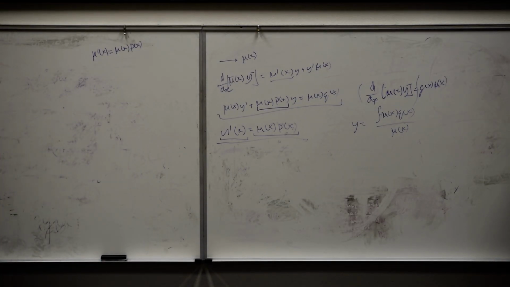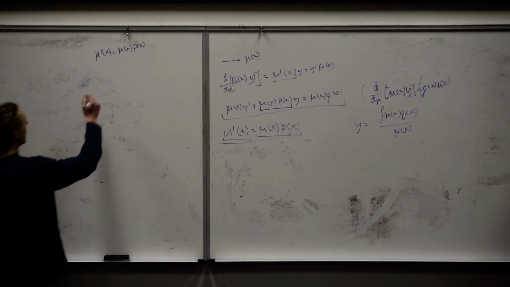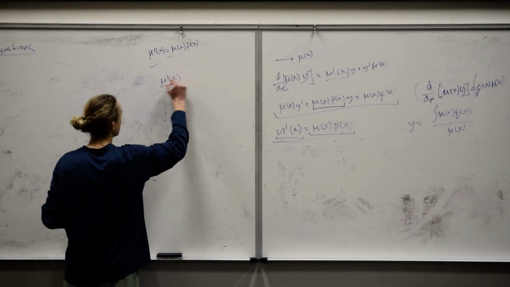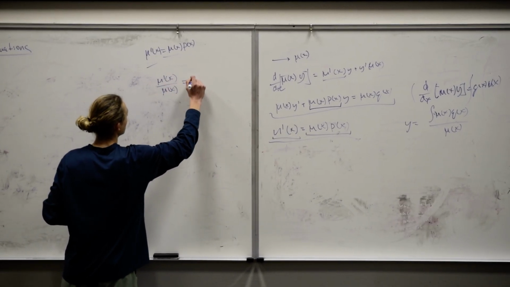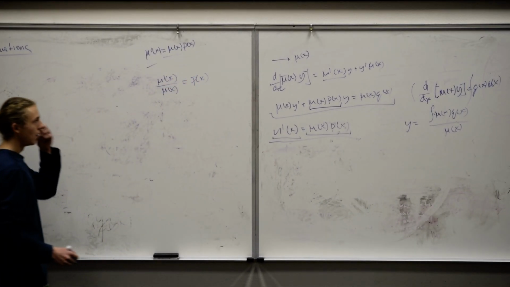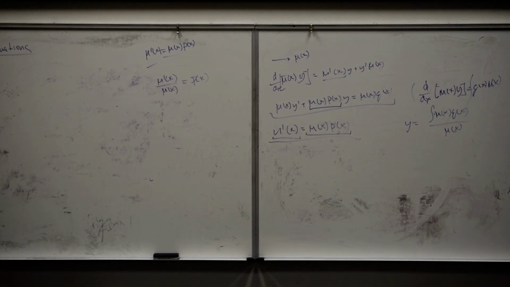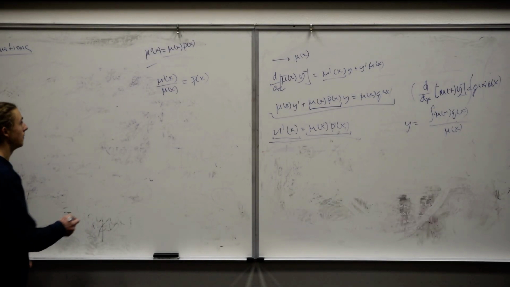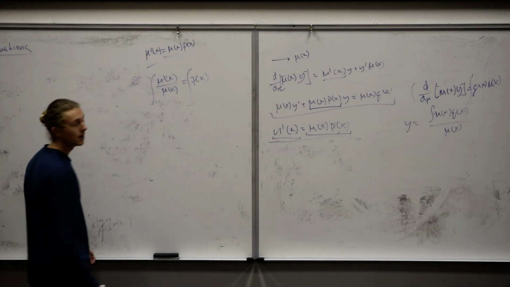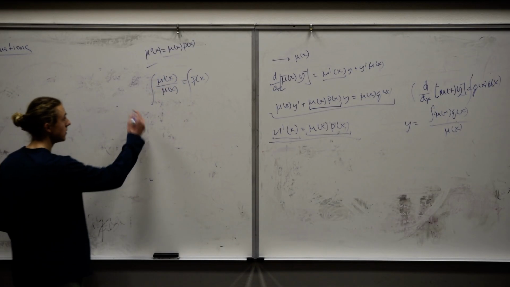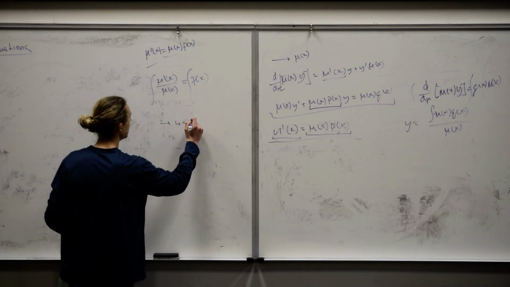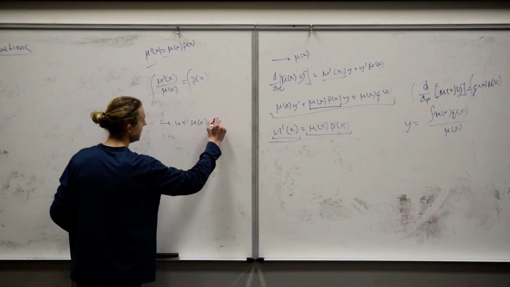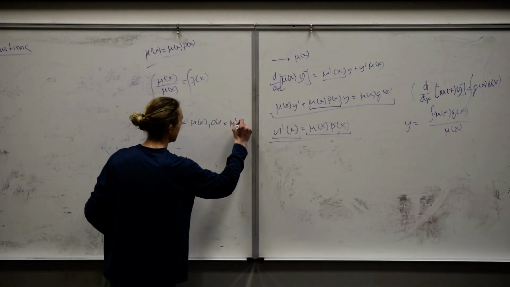I want to find what it is, so I can divide by mu of x, right? And so I get mu prime of x over mu of x is this. And in order to solve for mu of x in a case like this, I'm just going to integrate both sides, because I can use a u substitution such that u is mu of x and du is mu prime of x dx, right?